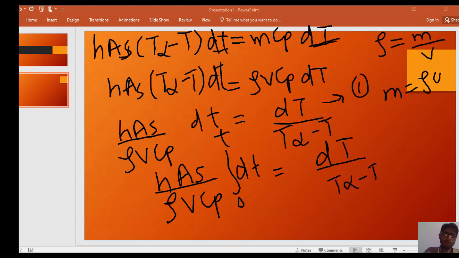Because the heat transfer coefficient is assumed to be constant, the surface area of the material is constant, and density, volume and all these material properties are constant, only time changes, so the integral sign is with time.